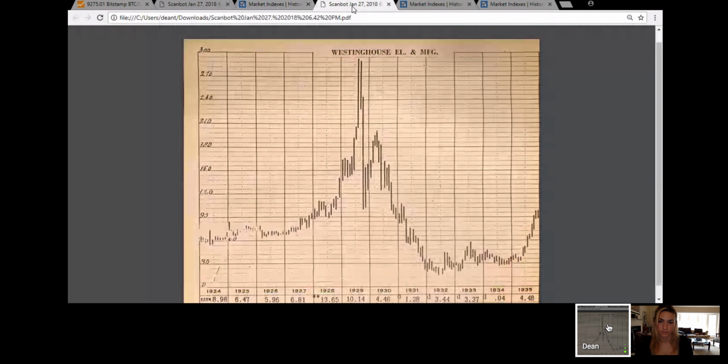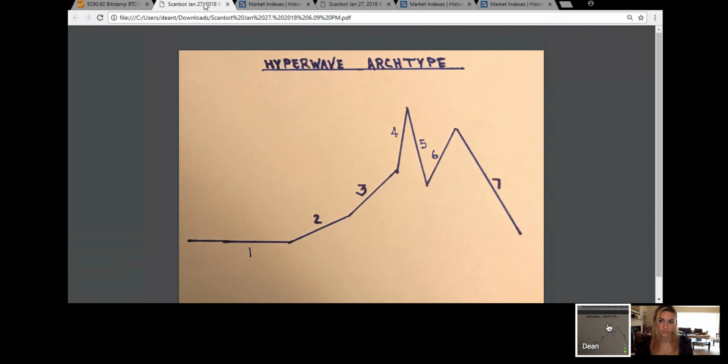We've been showing you a number of stocks, corporations back from 1924 to 1935, which all exhibit the same movement in terms of hyperwave construction, with a period of flatness followed by increasingly stronger angles of ascent, the drop, the pullback, back towards the top, and then a very long period of decline.